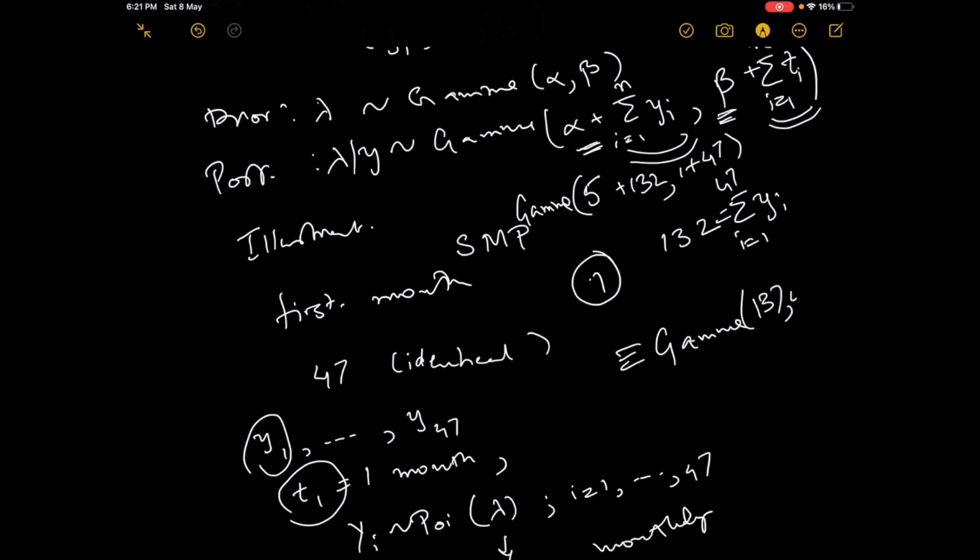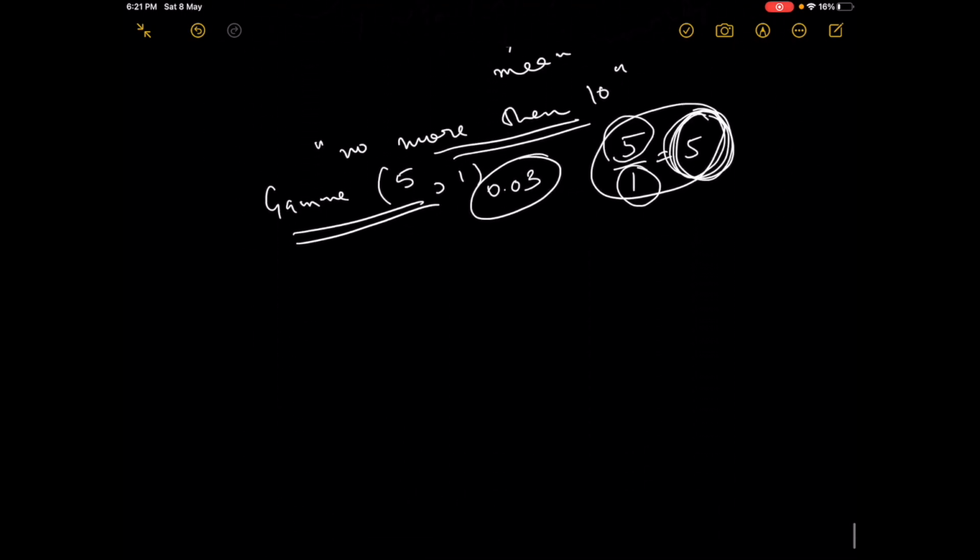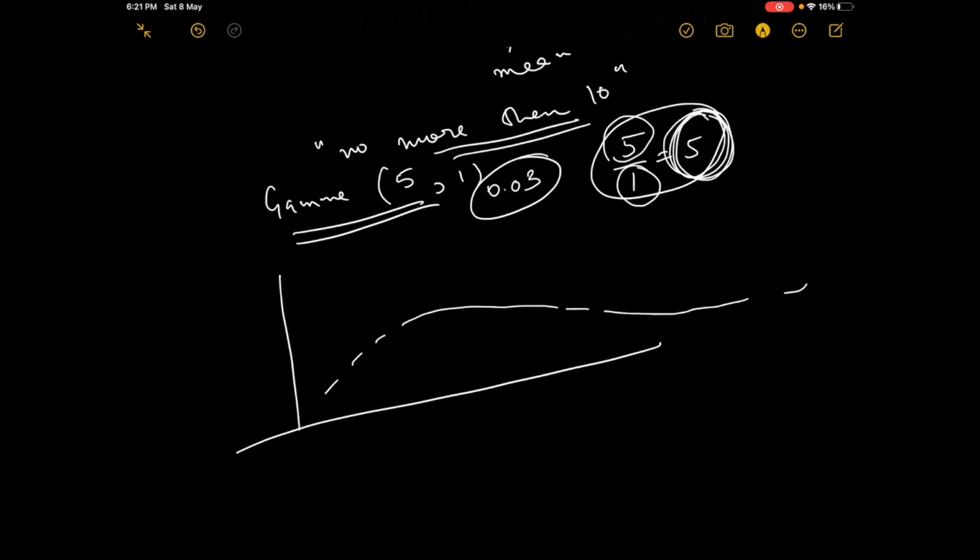Using Excel, we can plot the prior 5-1 and the posterior 137-48 on the Excel sheet and see how they look. My prior is a little diffused. We plot lambda here.